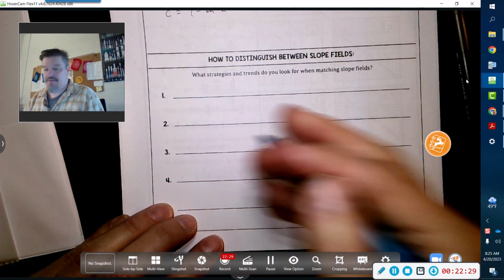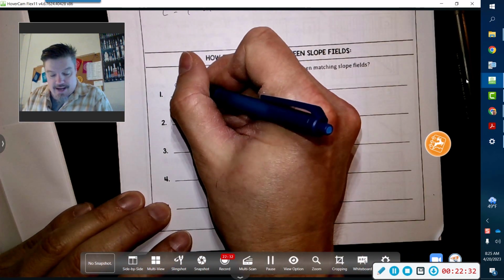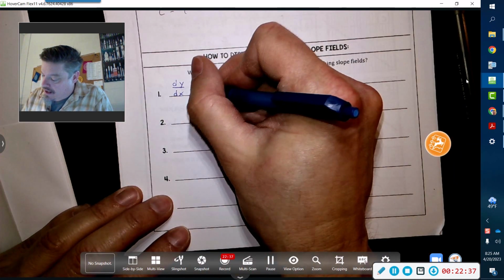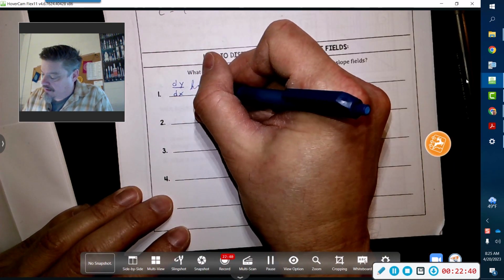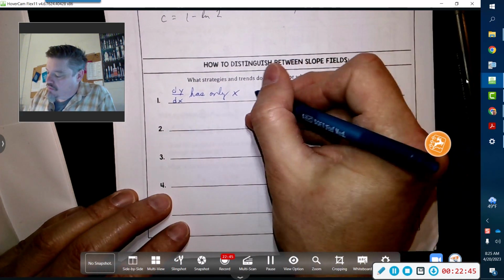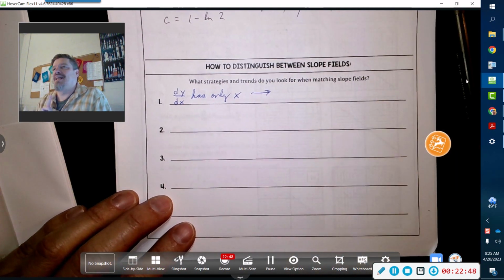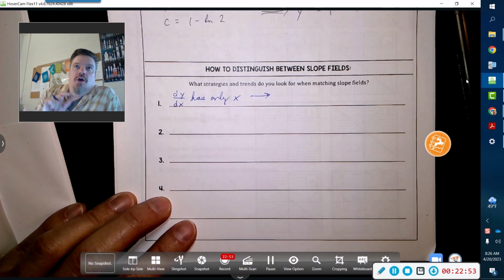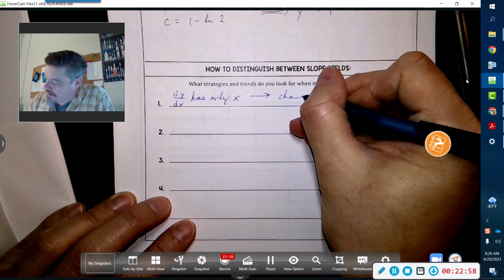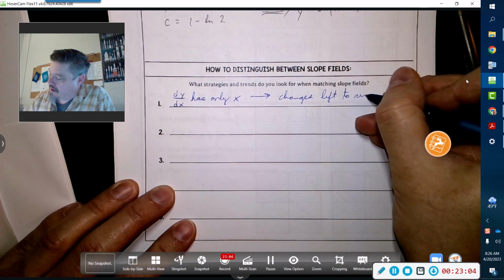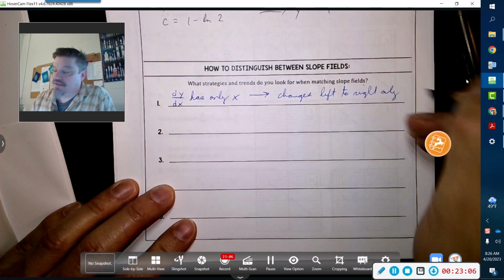For dy/dx, if it only has an x, that means as you move across, it changes left to right only.